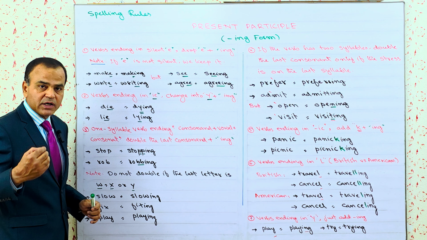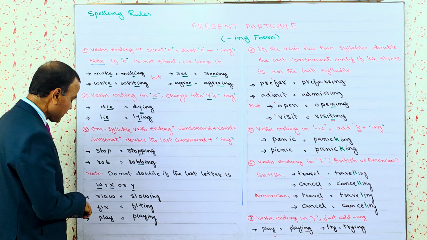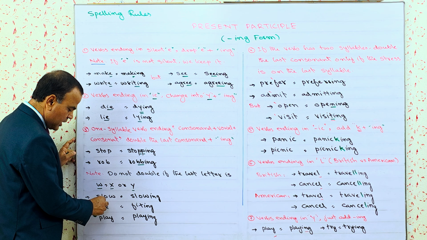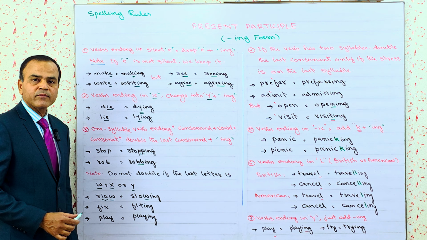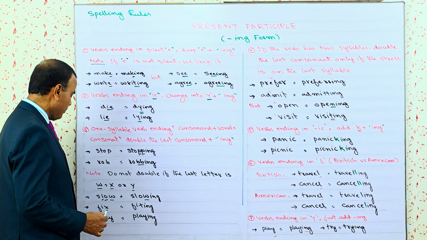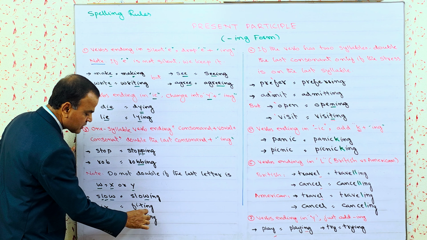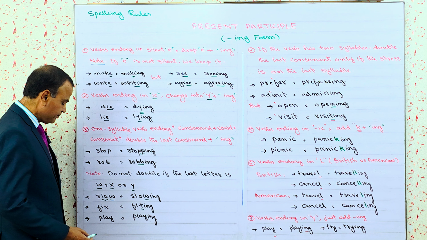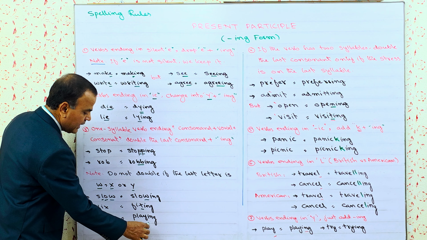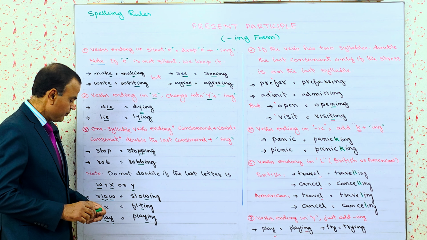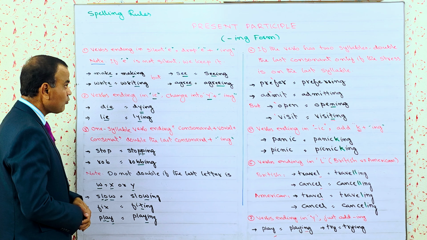Even if you have the consonant-vowel-consonant formation that we have discussed here as slow, consonant, vowel, consonant, but still W is single when we are making its ing form. Fix, consonant, vowel, consonant, but still X is single. Play, consonant, vowel, consonant, but still Y is single. So this is an exception to rule number 3.